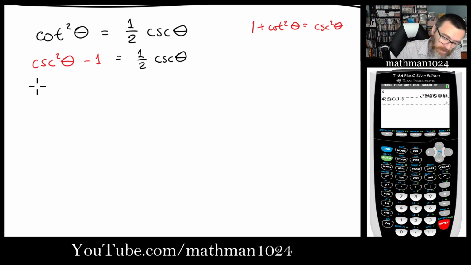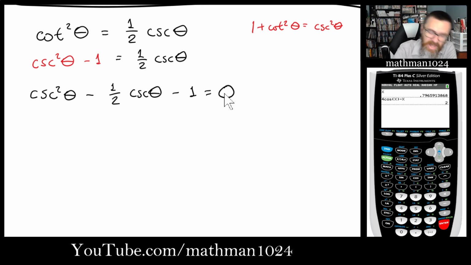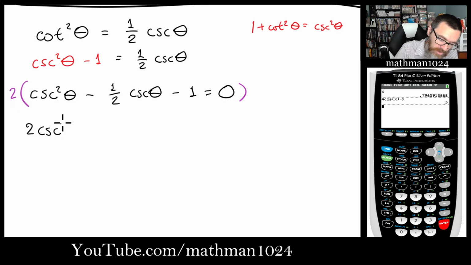Okay, so let's move that cosecant from the right to the left. And then I really don't want the fraction in there, so I'm going to multiply everything here times 2 to clear out the fraction. This isn't mandatory, but boy, it sure does help.